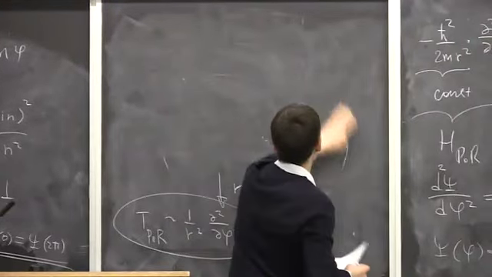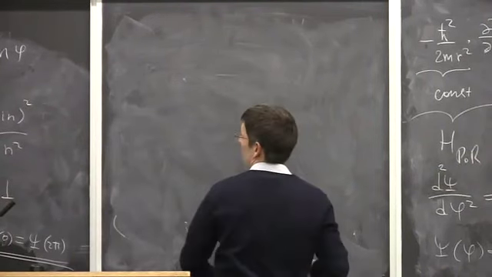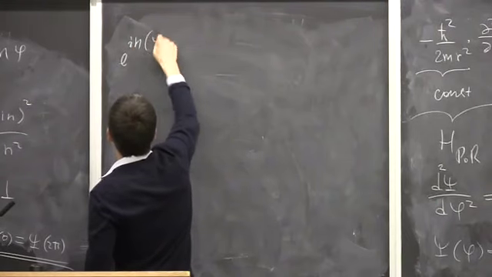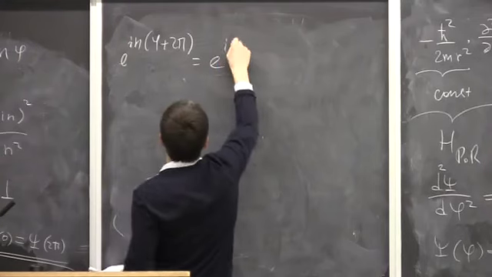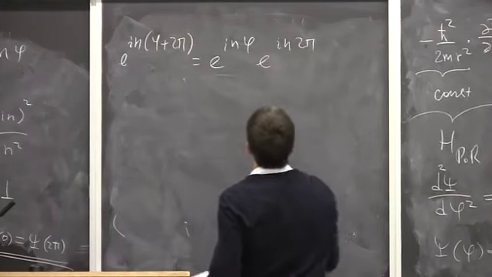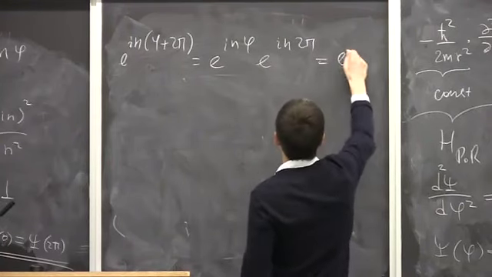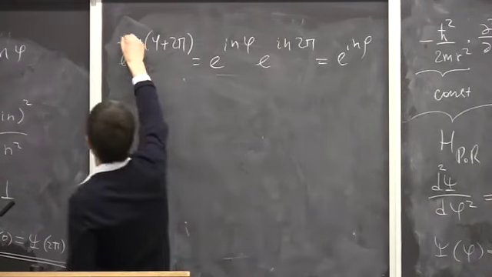What this means, because we can just simply factorize the exponent, is that exponent of i n (phi plus 2 pi) is equal to exponent of i n phi times exponent of i n 2 pi, right? And so then we need to have this equal to exponent of i n phi. Plus or minus doesn't matter, both terms.